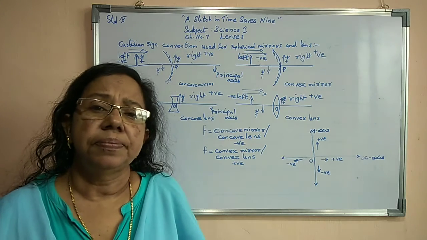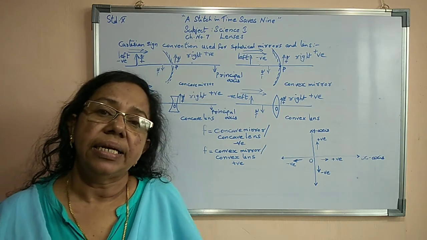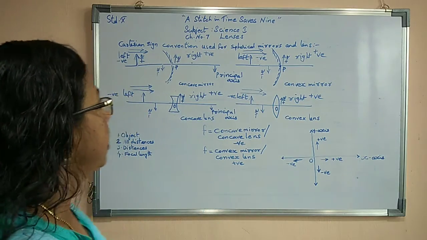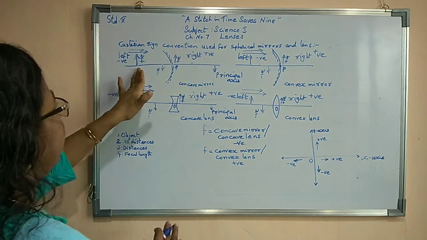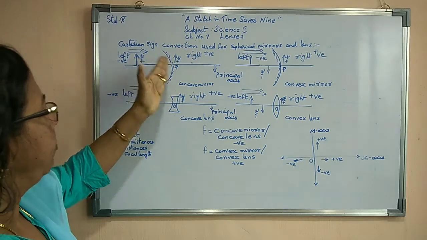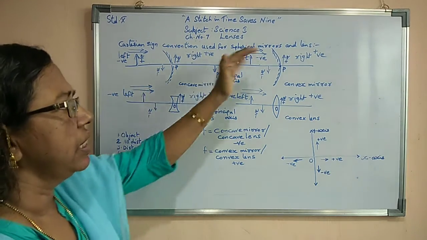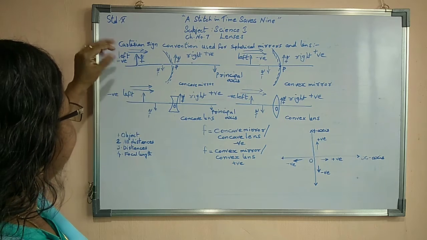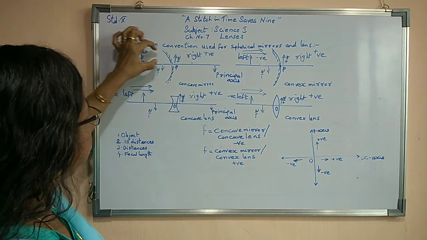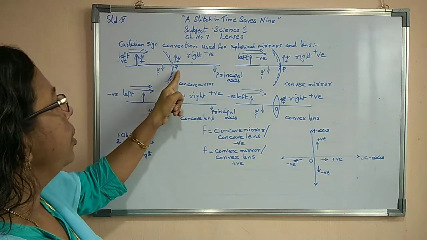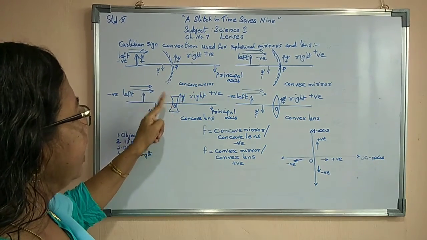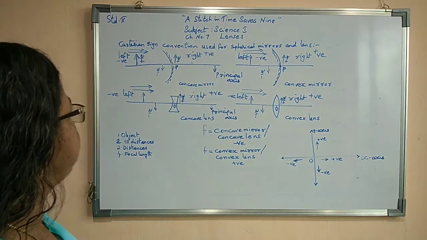These are the Cartesian sign conventions. We'll go over them roughly once again. The first thing, the object we have to keep at the left hand side of the mirrors as well as lenses. Second thing, all the distances parallel to the principal axis are measured from the pole in case of spherical mirrors, and the optical center in case of lenses.